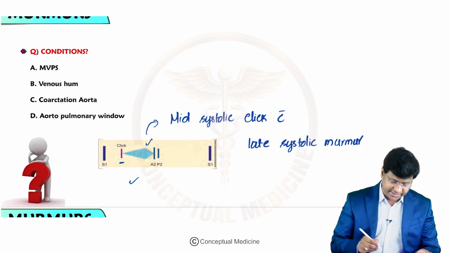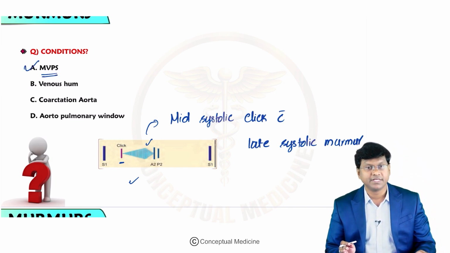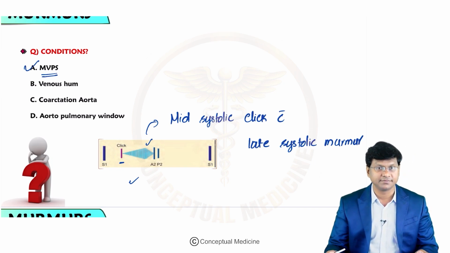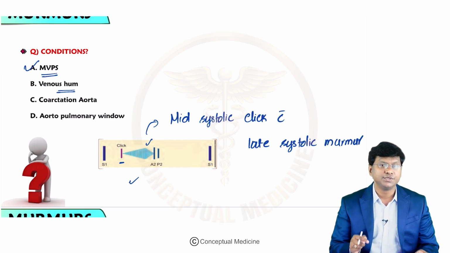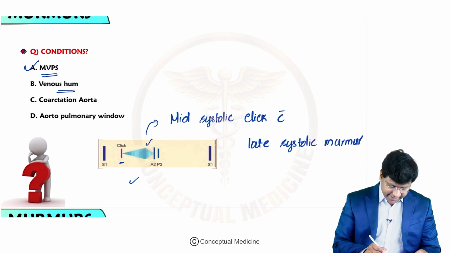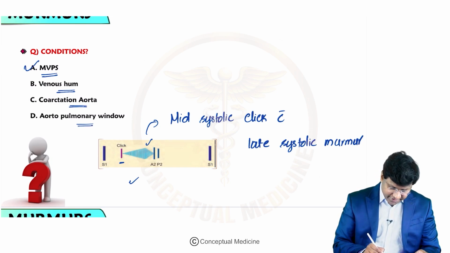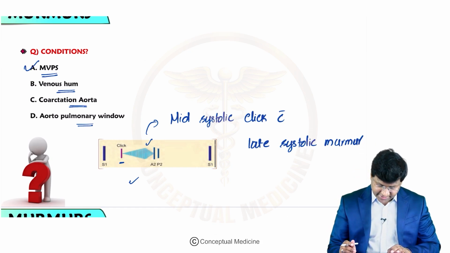You will come across this in mitral valve prolapse syndrome. In mitral valve prolapse syndrome, you have a mid-systolic click with late systolic murmur. Whereas venous hum, you have a continuous murmur. Coarctation of aorta, you have a continuous murmur. Aortopulmonary window, also you have the presence of the continuous murmur. Right? Next, you see another image.